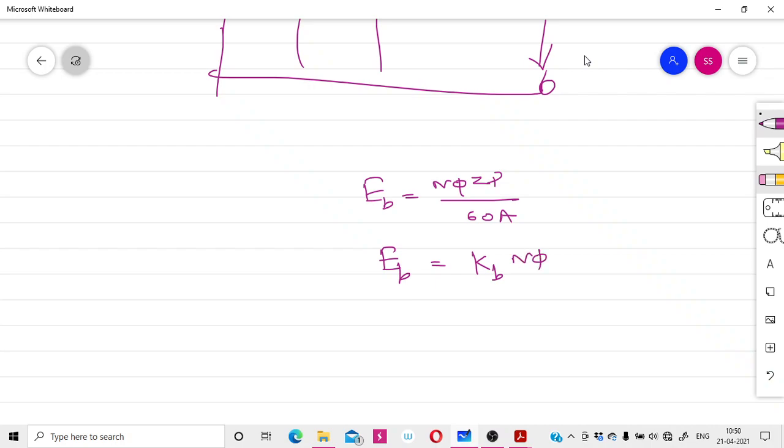So for an armature controlled DC servo motor, this phi is a constant, so we combine it with the constant Kb to get another constant, and EB will be proportional to N. And if you write N in terms of angular velocity omega, then you will get EB proportional to omega.